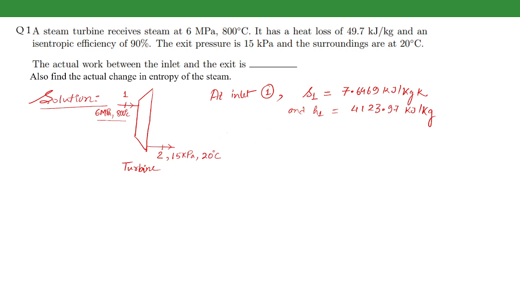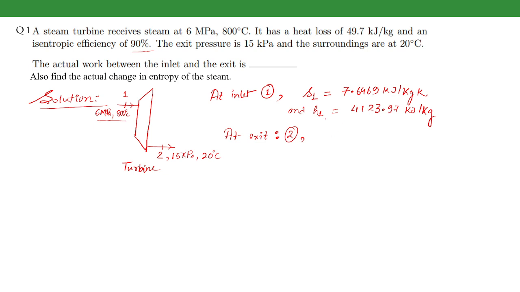And at the exit, that is the state point 2, we have been told that the isentropic efficiency is 90%. Let us first see what the entropy will be for the isentropic expansion process.